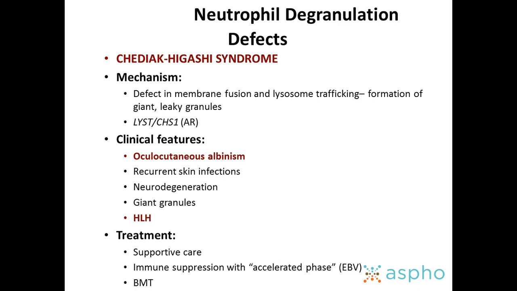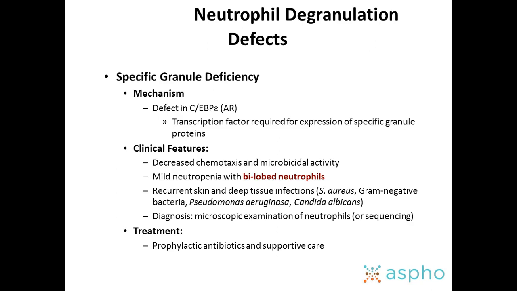It's also associated with HLH. So treatment is supportive care. When these patients get EBV, there used to be a lot of literature about this accelerated phase of EBV, and it really is just macrophage activation syndrome or HLH, but it wasn't really recognized as such in the old days. But if you hear about accelerated phase in the context of EBV, it's really HLH in the patient with Chediak-Higashi syndrome.